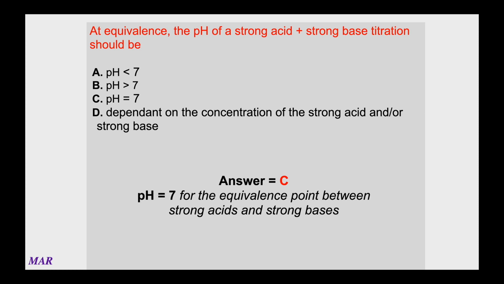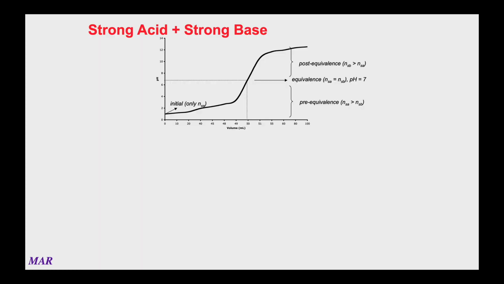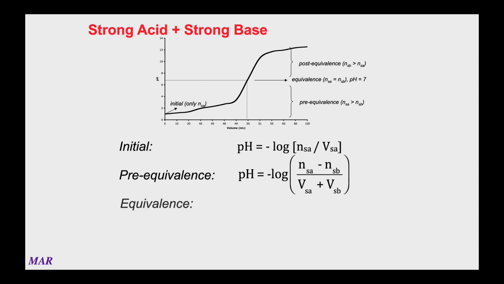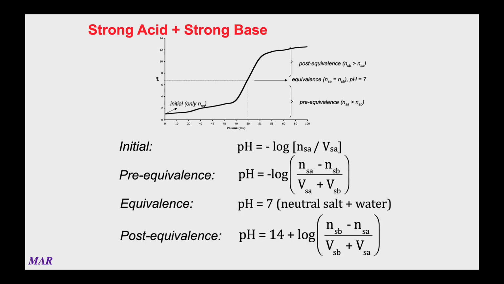So you could have sodium chloride and water if it was HCl and NaOH. Nothing affects the pH. pH should be 7 for strong acid plus strong base titrations, as well as strong base plus strong acid titrations. The 4 regions of strong acid plus strong base are initial, pre-equivalence, equivalence, and post-equivalence.